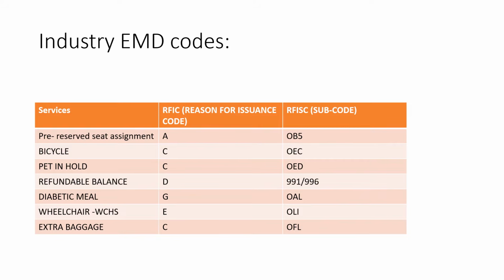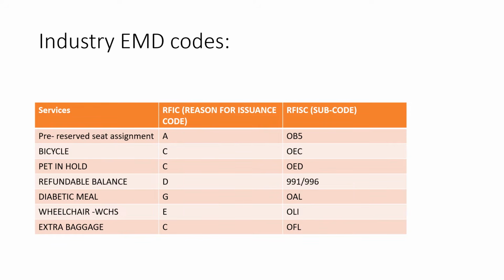There are various services that we can use to issue an EMD. Very crucial, we have the reason for issuing the EMD code, so the reason for issuance, as well as the subcode, which is also known as RFISC. Now, how will they assess this in your exam? They will say Miss Tukani is traveling to Cape Town for a cycling competition, so she would like to take a bicycle with her.